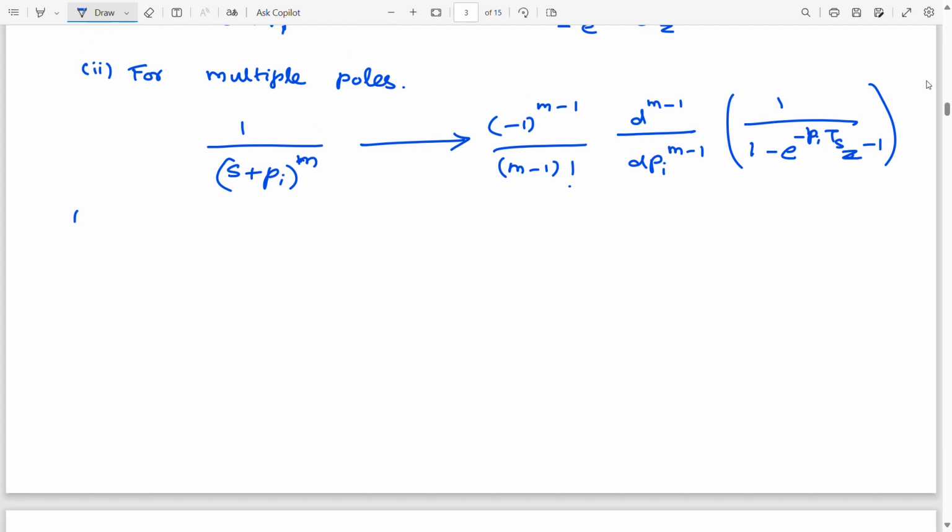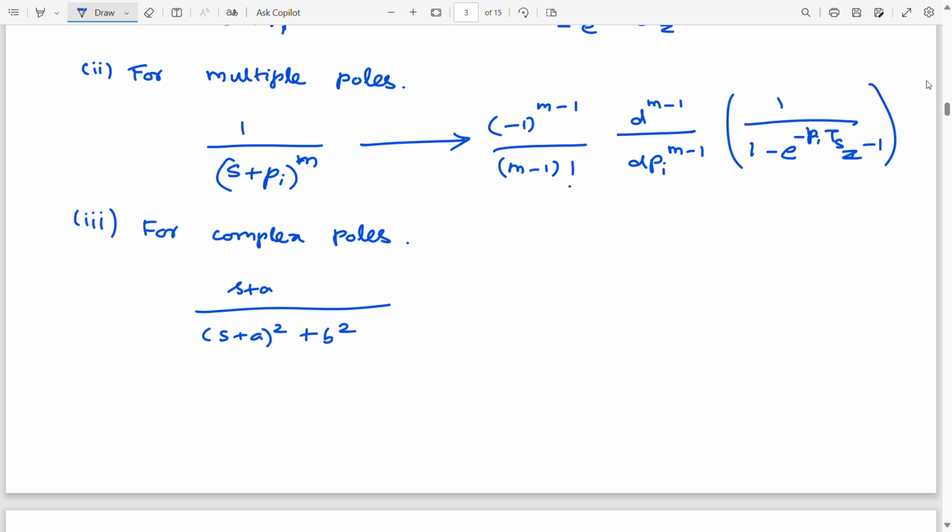Similarly, if the system consists of complex poles, which means that the system transfer function consists of complex poles, that is S plus A divided by S plus A the whole square plus B square.